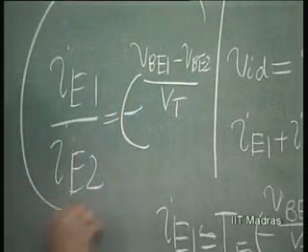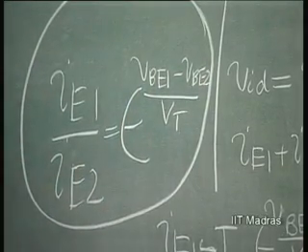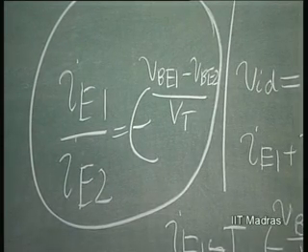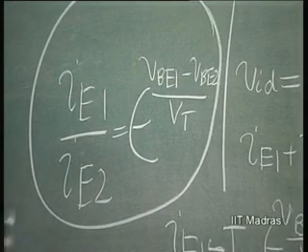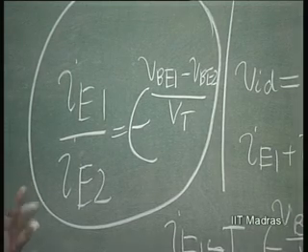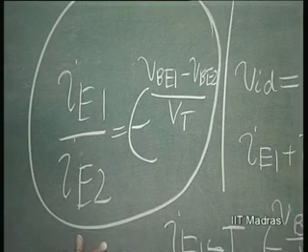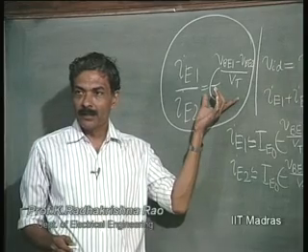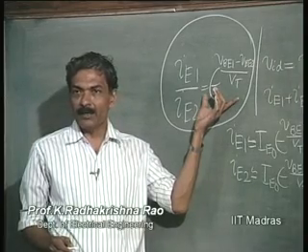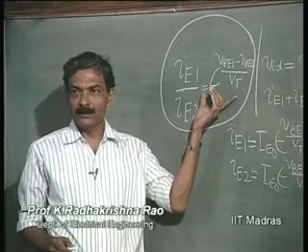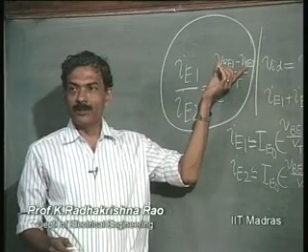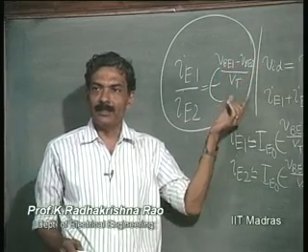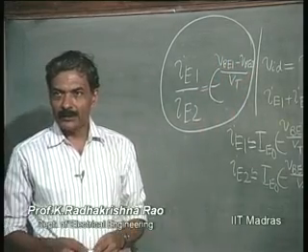This is an important relationship. The most important relationship I can ever think of in integrated circuits, because just because the two transistors are identical, the ratio of the two currents of the two transistors will be an absolute constant, independent of the parameters of the transistors, only equal to the exponential of the differential input, VBE1 minus VBE2 divided by VT.